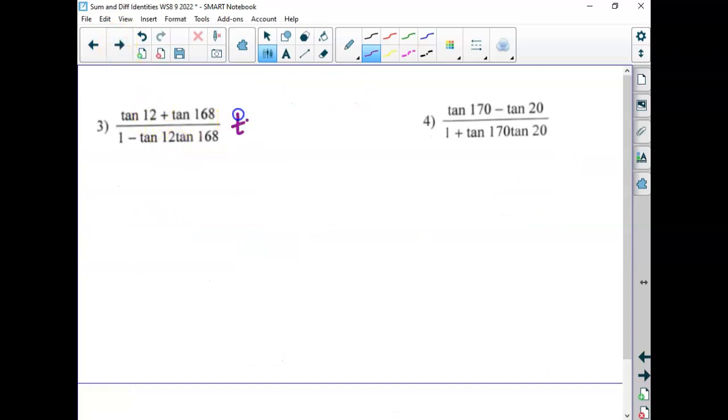So this is the tangent of A plus B, which comes to be the tangent of 180. Okay, again, the ordered pair at 180 was negative 1, 0. So what is the tangent there when you put y over x? 0. Can you guys try number 4 on your own?